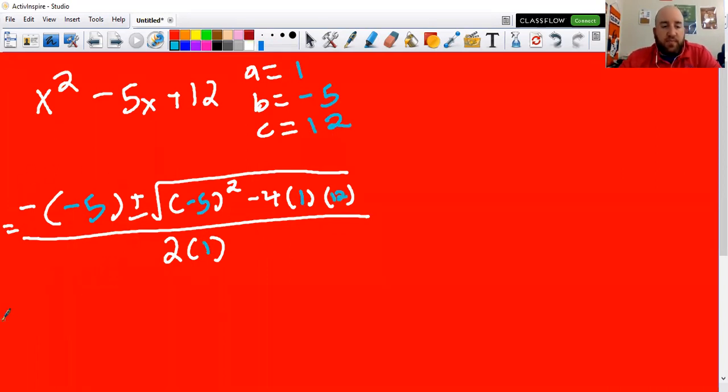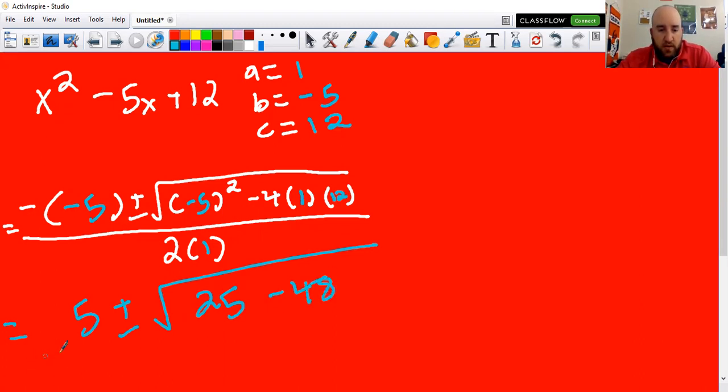Hopefully y'all can kind of pick up the pattern now. Opposite of negative 5 is positive 5. Plus or minus negative 5 squared is 25. Negative 4 times 1 times 12 is negative 48 over 2 times 1 is 2.